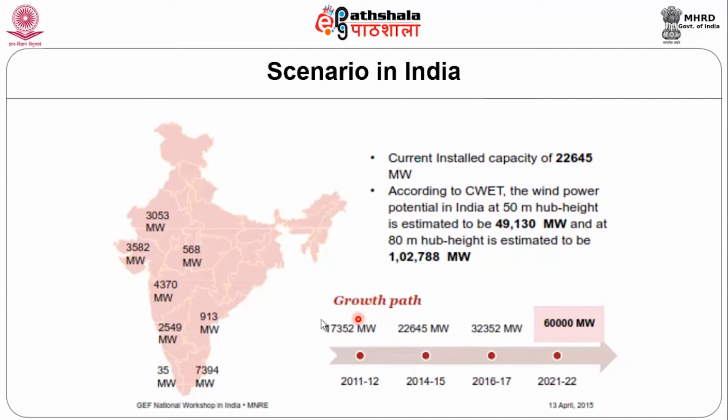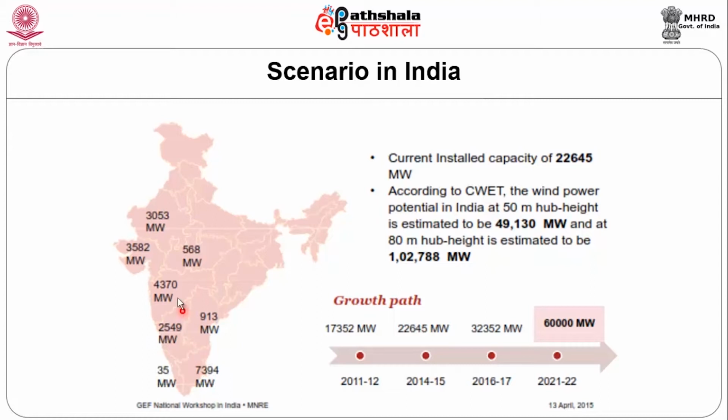And this is about the country map. Here Tamil Nadu has installed the maximum wind energy generators, 7,000 plus megawatt, and it is the pioneering state in the country.